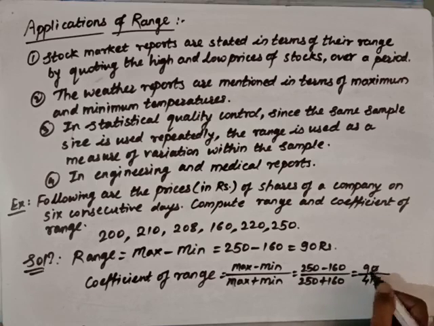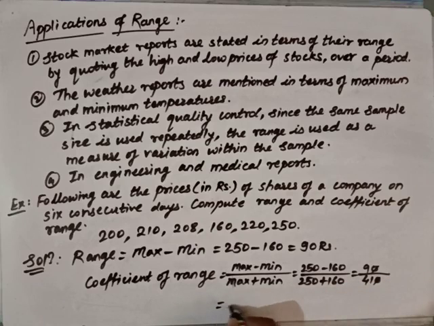So these get cancelled. 9 upon 41 is nothing but 0.22. I take up to 2 decimal places. This is the coefficient of range. So as such, we can define range, write down its merits, demerits, applications, and how to determine the range and the coefficient of range. This is about the range.